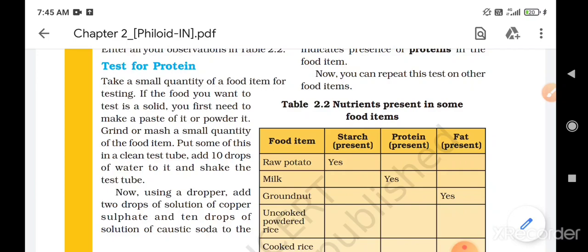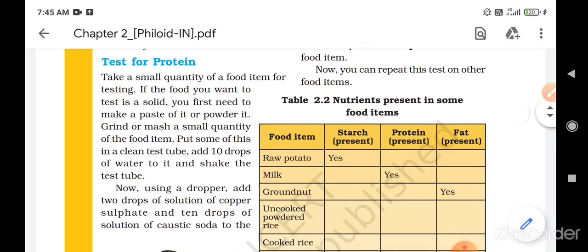So what we have to do is take three test tubes. The first one is for the food item in the soluble, liquid form. The second test tube is for the caustic soda, and the third test tube is for copper sulfate solution.